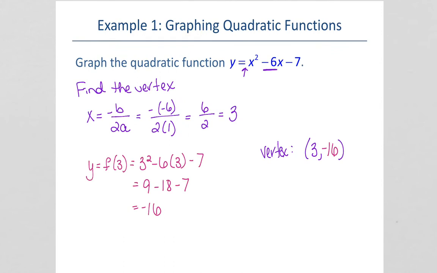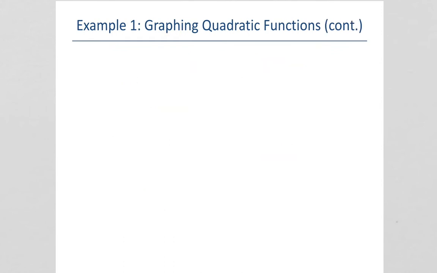The next step is to find the x-intercept, or intercepts. There could be more than one, or there could be none. So, to find the x-intercepts, that's where the graph crosses the x-axis.